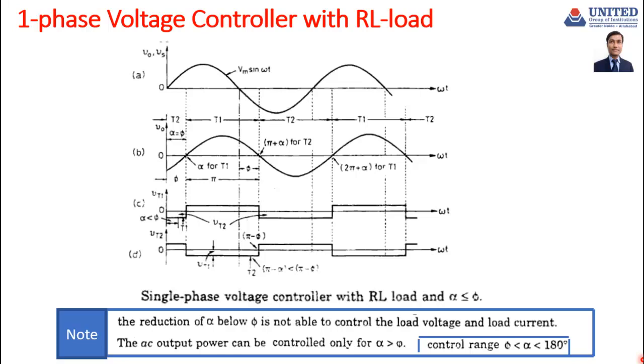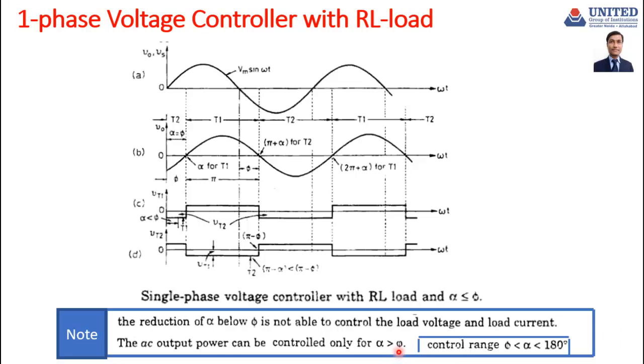Therefore, reduction of alpha below phi is not able to control the load voltage and load current. So AC voltage power can be controlled only when alpha is greater than phi.